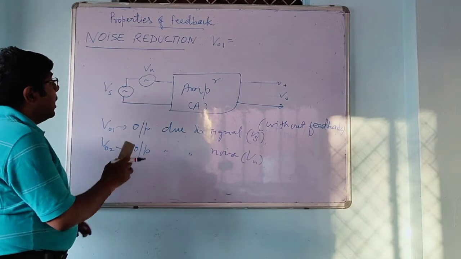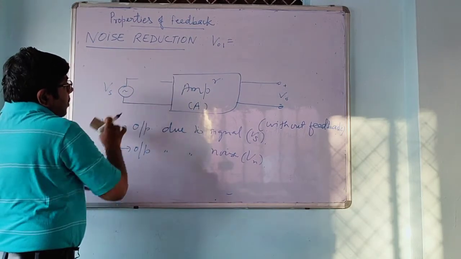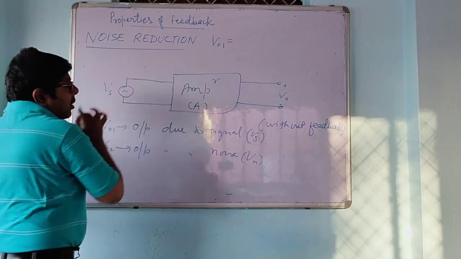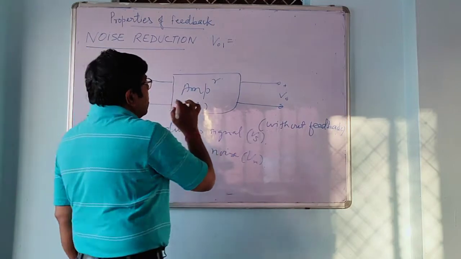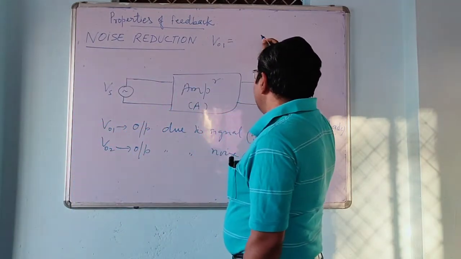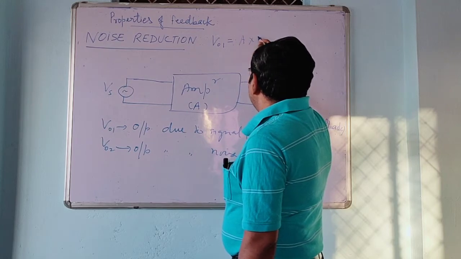So when we are calculating V01, put this 0 by applying superposition. Once noise is 0, what is the output? Output is simply gain multiplied by input.